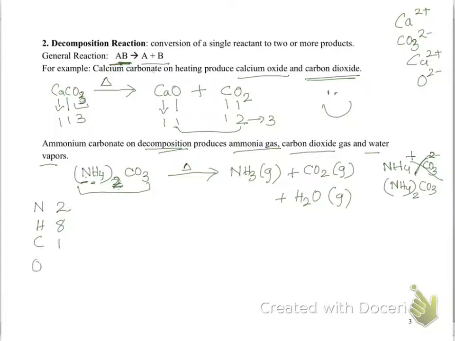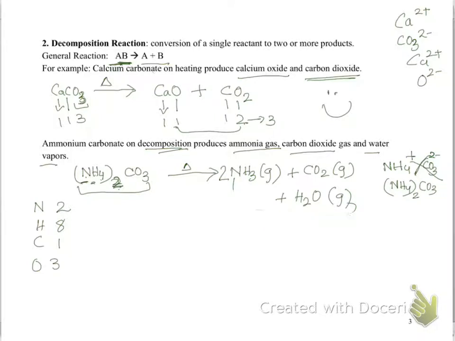How many carbons? 1, and oxygens 3. Let's see how many nitrogens are on the product side. Here I have only 1. So to balance the nitrogen, I have to multiply this by 2. That means I have to put 2 here. So now my nitrogen is balanced.